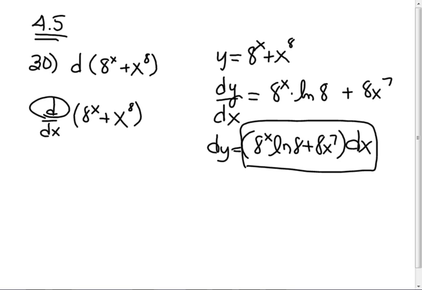Okay, what else? 19 through 26, it says find dy and evaluate dy for the given dx's. Are there any questions on that one? I don't even know what was assigned. 19 through 26.